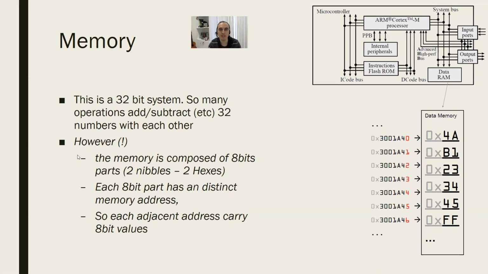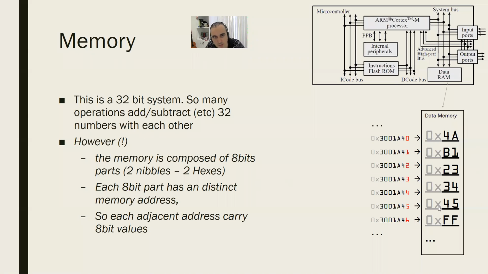However, a big but, the memory is composed of 8-bit cells, guys. Very important. I need everybody's attention here. In our architecture, some other architecture might be different, but in Cortex-M4, this is the basic architecture of ARM Cortex M4 architectures, because this is the basic and most fundamental architecture of mobile systems ARM use.